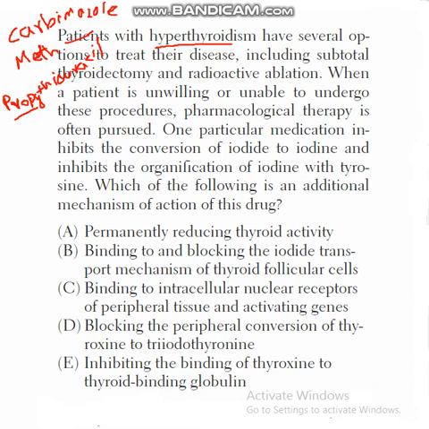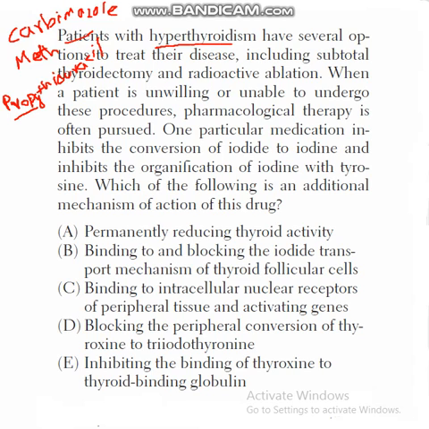So in this case, propylthiouracil inhibits the enzyme, so it inhibits the conversion of iodide to iodine in the follicle. It is not a peripheral activity, it is called the central activity of these anti-hyperthyroid medications.